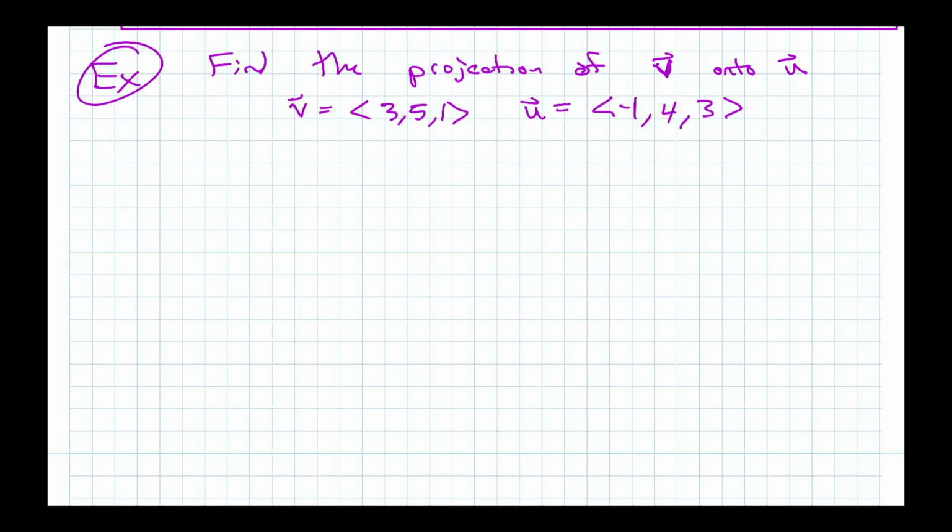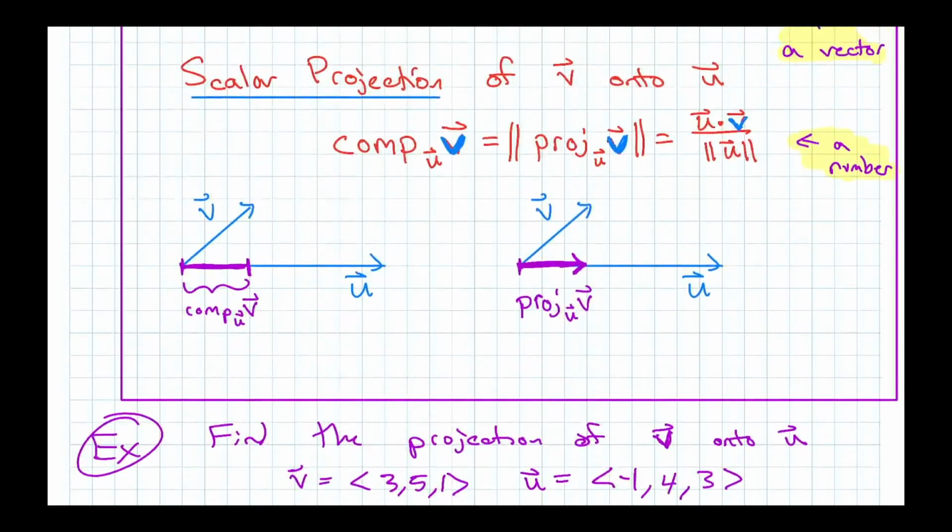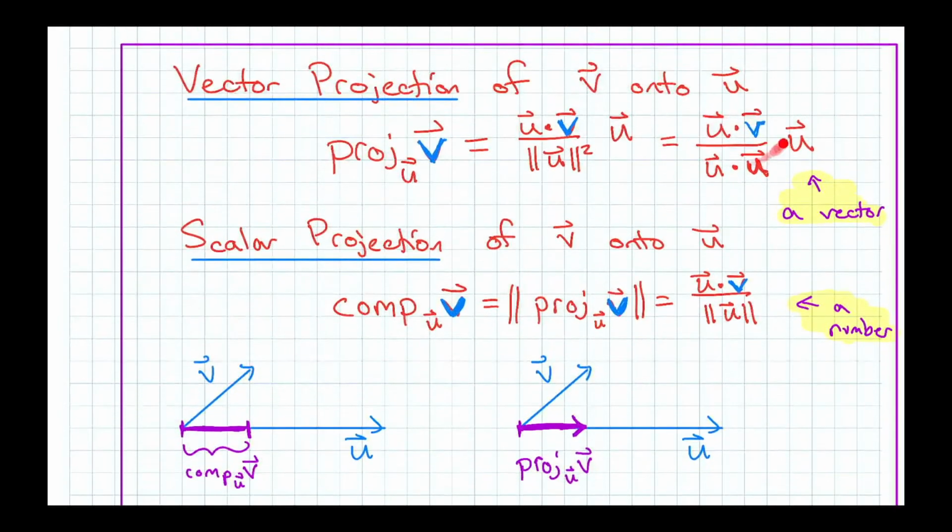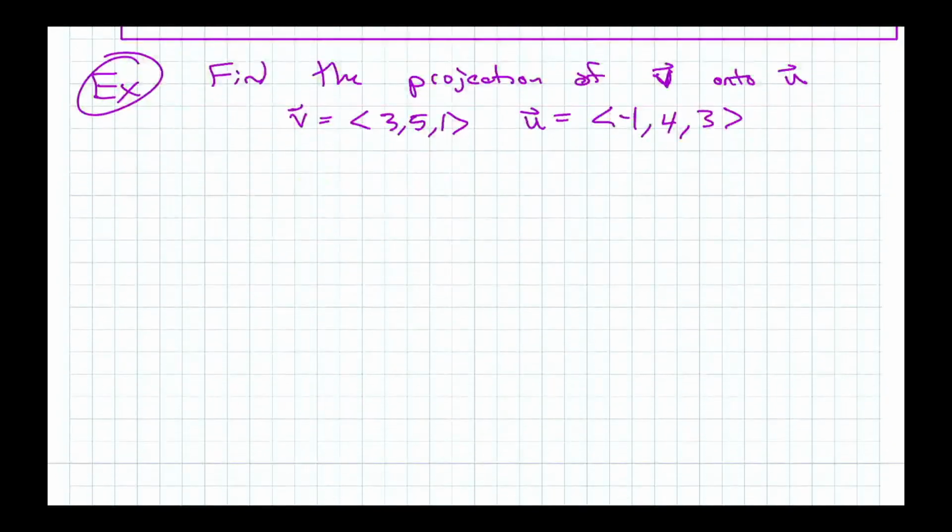So how could we do it? Well, you could break it up into two parts where you separately find the scalar projection and then turn it into the regular vector projection. Or you can just start with this formula or this formula. Whichever one, I'll do this one. I think that's going to be the least amount of work. So here's my answer.